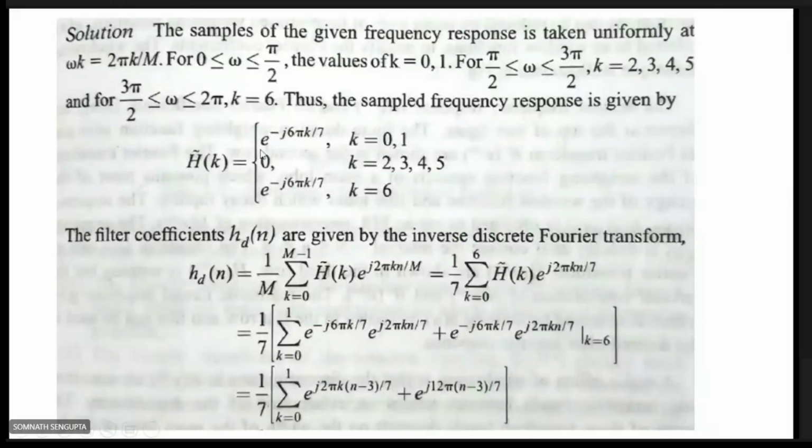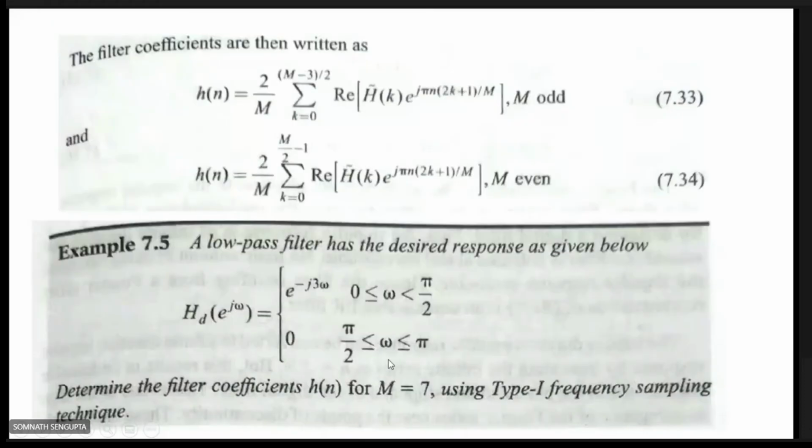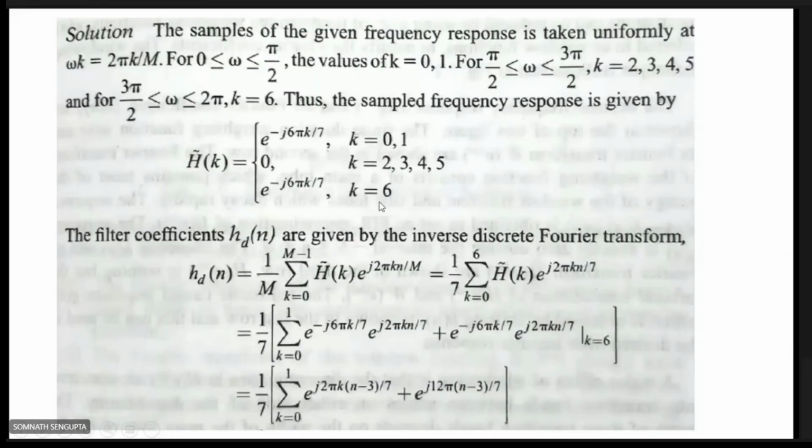Now we write the actual frequency response. For samples 0, 1, it is e to the power minus j6 pi k by 7, and for 2, 3, 4, 5 it is 0 as per the specification, and for k equal to 6 it will be the same.